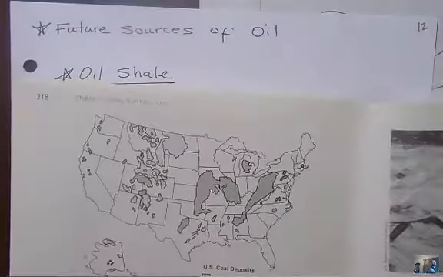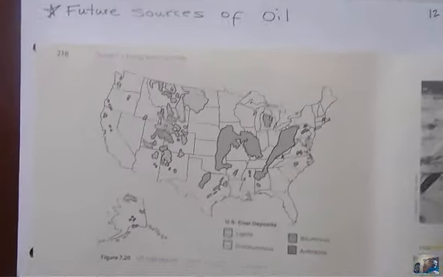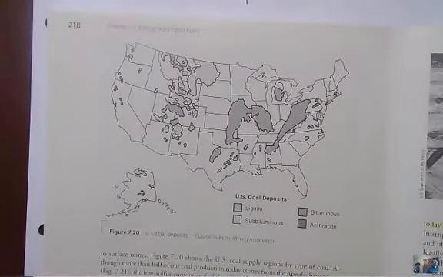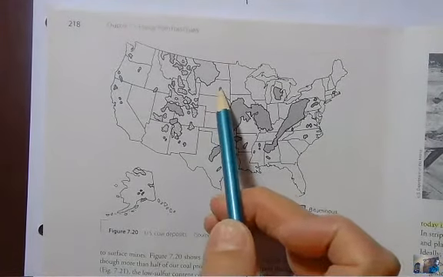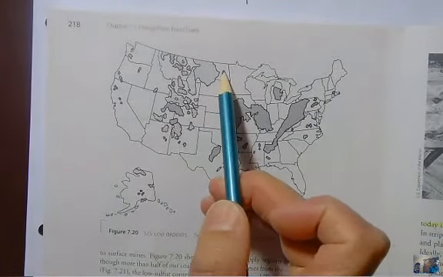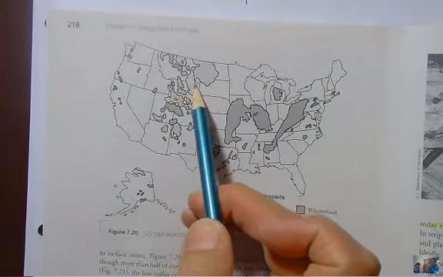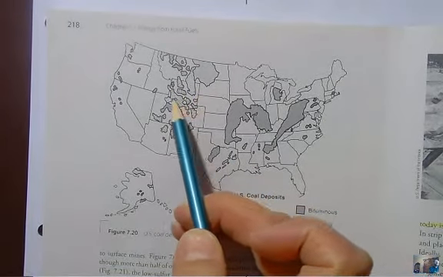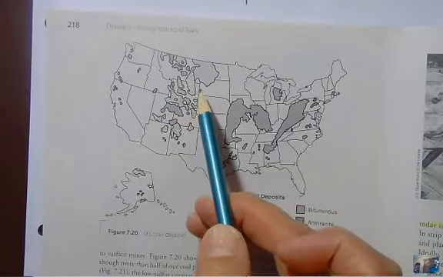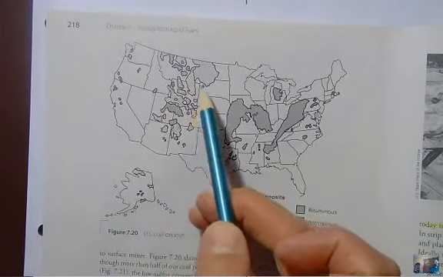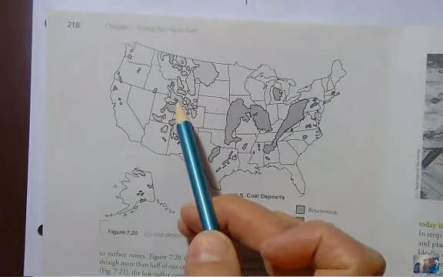So if you look at these western states over here, right, this is Nebraska, South Dakota, North Dakota. This is Wyoming. So you can see all of these deposits in Utah, Colorado, and Wyoming. Especially this western part right here.